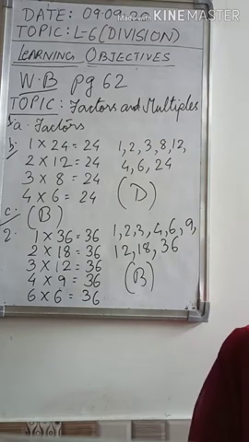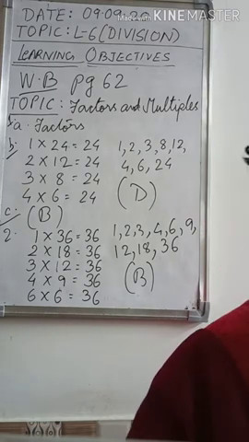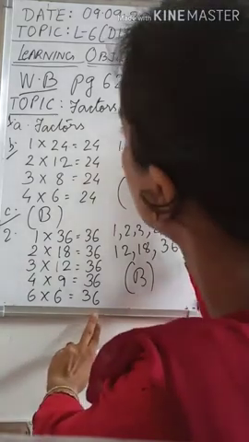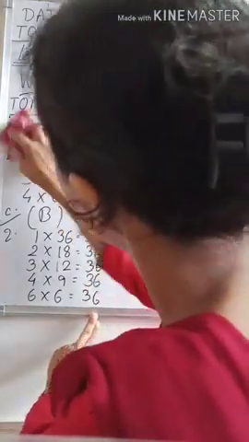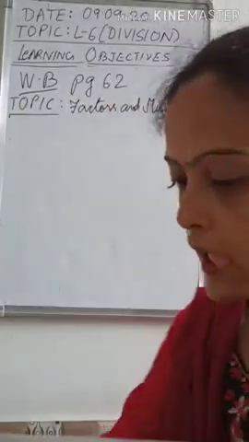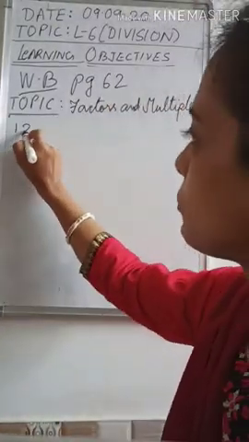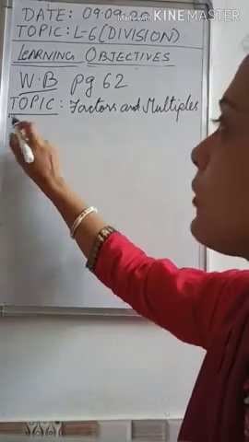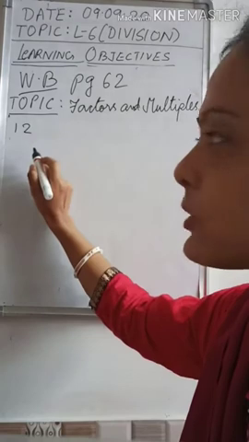So I hope you all have done it. Now see number 5. The first 5 multiples of 12. So you have to find the first 5 multiples of 12. Now it's not factors, it's multiples. So we have to think of the multiplication table of 12.